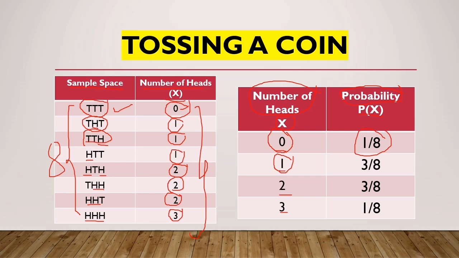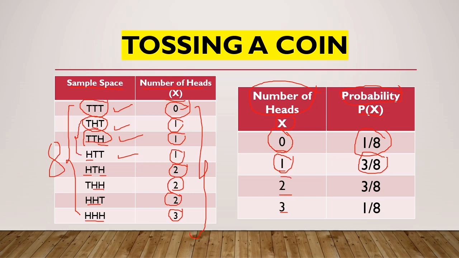These are tail, head, tail; tail, tail, head; and head, tail, tail. So there is only one head. That is why the probability that the number of heads is 1 is 3 out of 8, or 3/8. And it is represented by these outcomes.